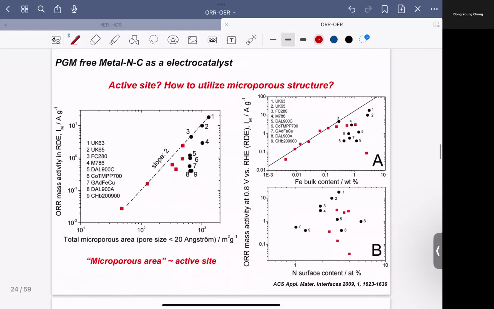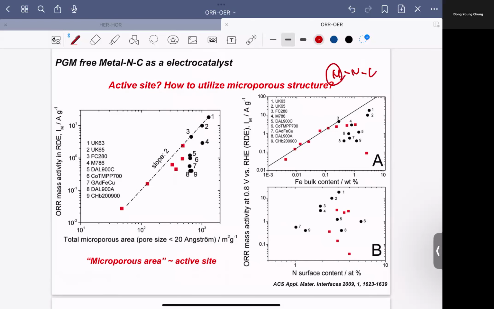And not surprisingly, there are still ongoing questions about MNC catalysis because people are aware that MNC is relatively good catalysis for ORR. However, nobody knows where the active site is, right? So some people suggest that the metal center is the active site, right?